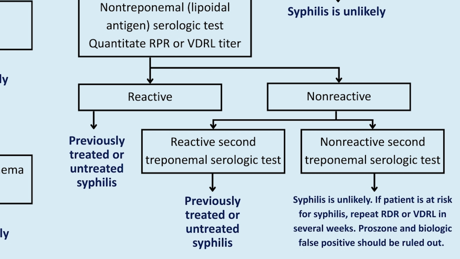If the second treponemal test is negative, meaning you have 2 out of 3 tests that are negative, then syphilis is unlikely. If the second treponemal test is positive, meaning you have 2 out of 3 tests that are positive, this indicates previously treated or untreated syphilis. Clinical assessment and history will help determine which it is.